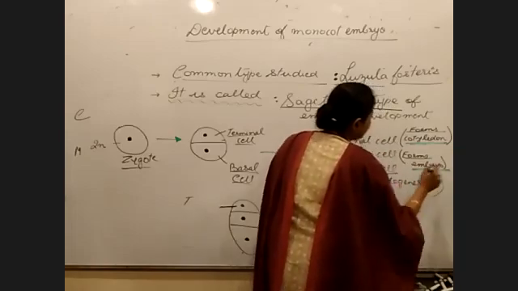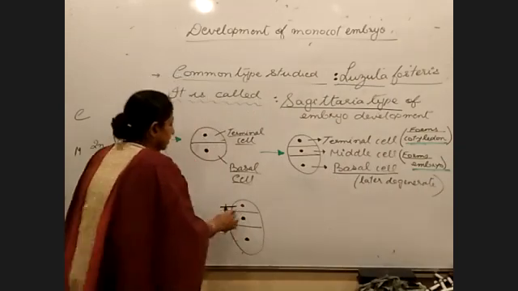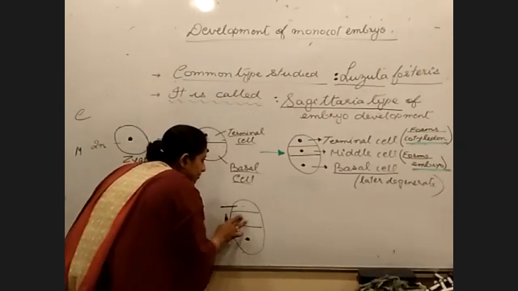Out of the 3 cells, 1 cell will form the suspensor, the other cell will form the embryo.